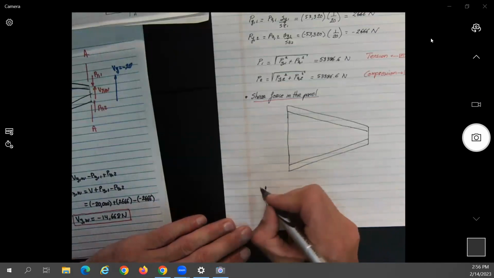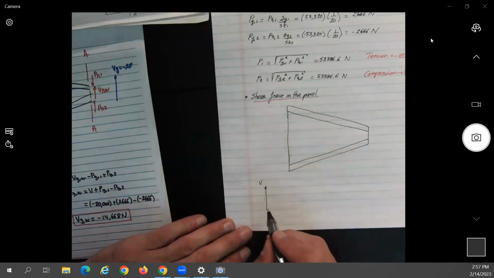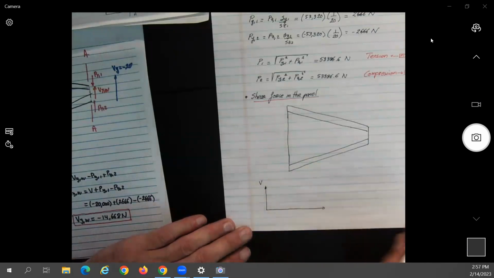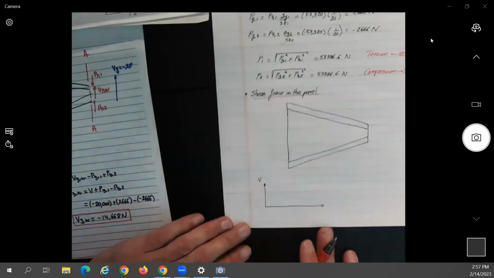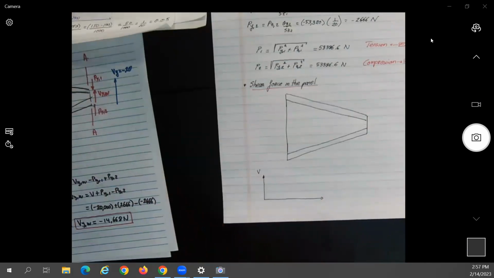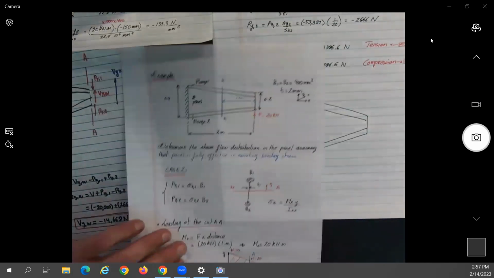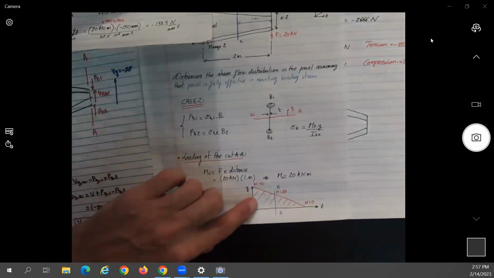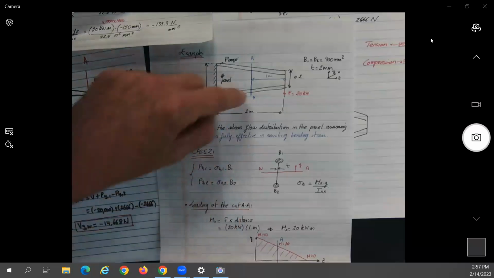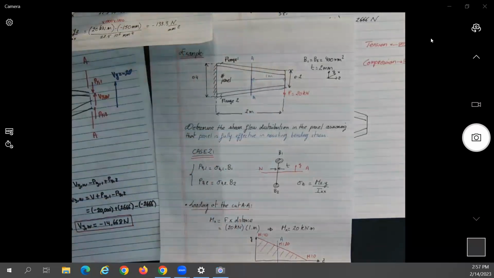If we do the shear diagram, I mean, this is not needed, I'm just giving extra details, but if we look at this figure here, what should be the same thing we did here, the bending moment diagram, we can do the shear diagram. What will be the force going down throughout the whole section?